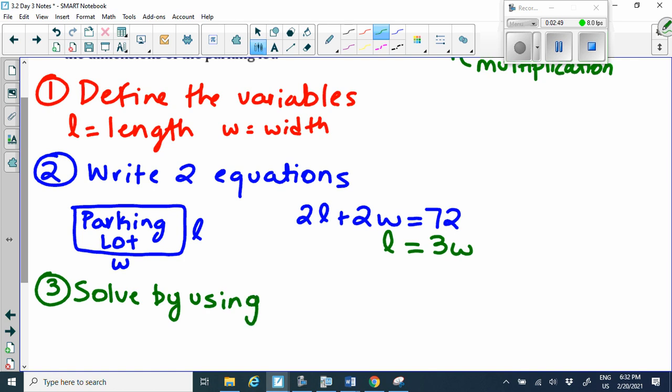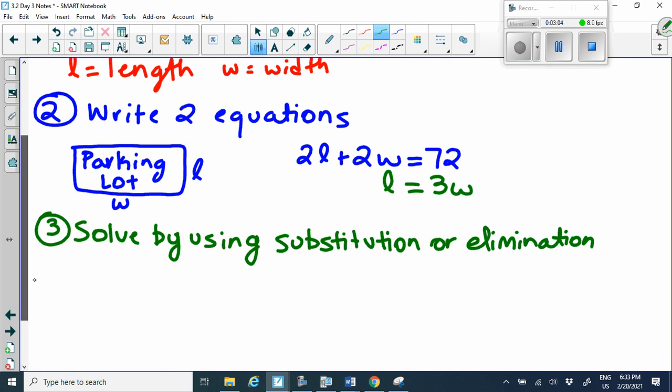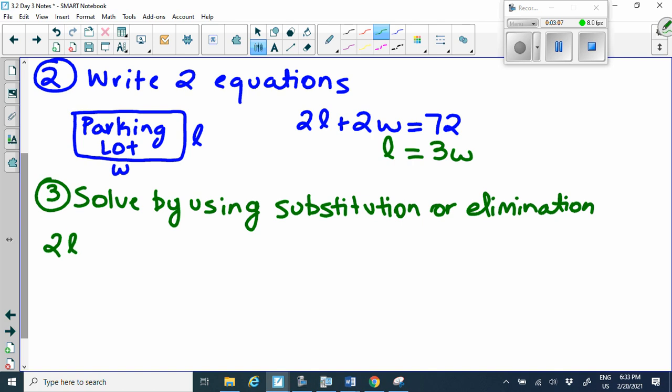And remember, we're going to solve either by using the substitution method or elimination. And once again, it is up to you what you would like to use. So whatever you feel more comfortable with or you think is a little bit easier to use, we will do that. So I'm going to rewrite my 2 equations here.